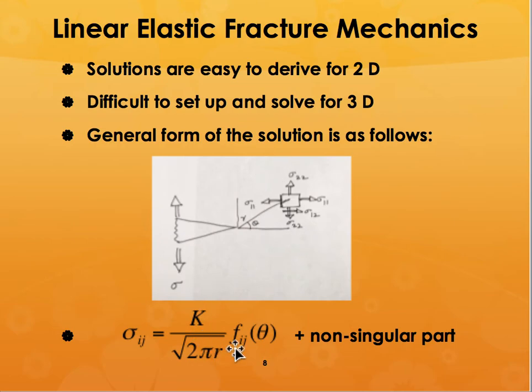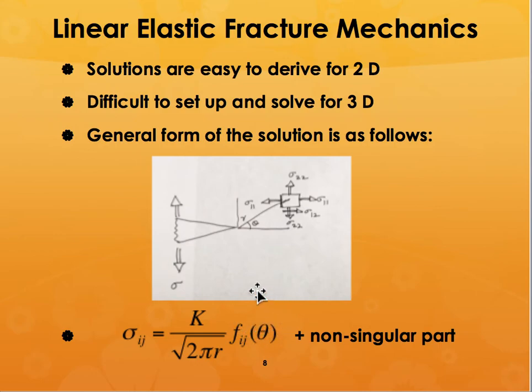σij is equal to a constant K over root 2πR, where R is the distance of the point where we are measuring it to the crack tip, and θ is the angle at which it is measured.